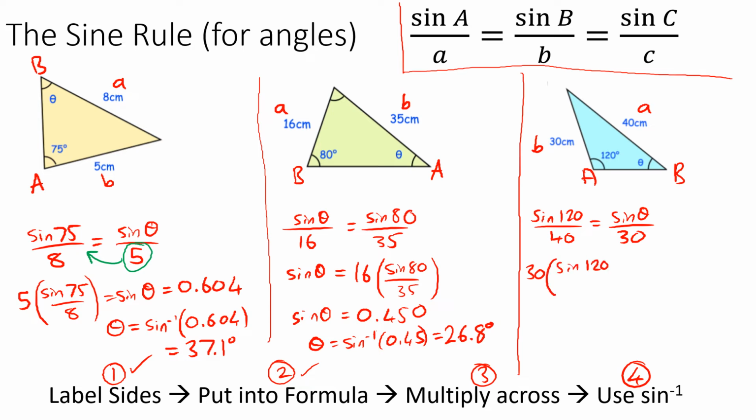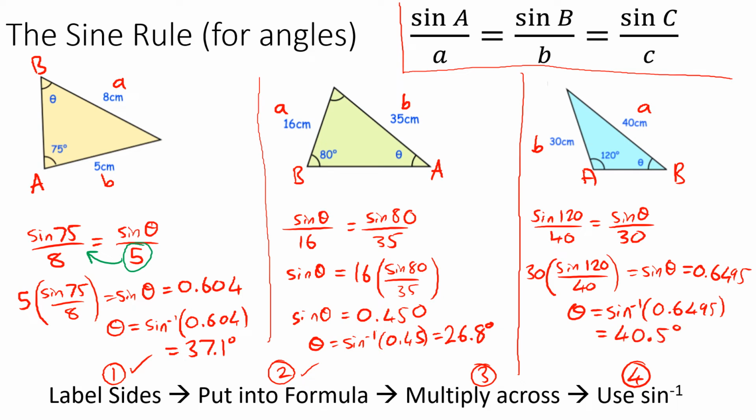Remember, we're trying to get that sine theta on its own. Type it in, and we'll get ourselves 0.36495 or something. Use sine to the -1, so this is step 4 now. And we'll get that our angle that we want is 40.5 degrees.